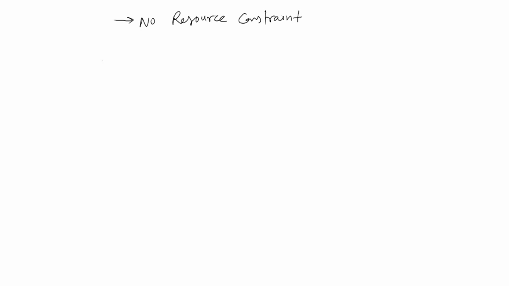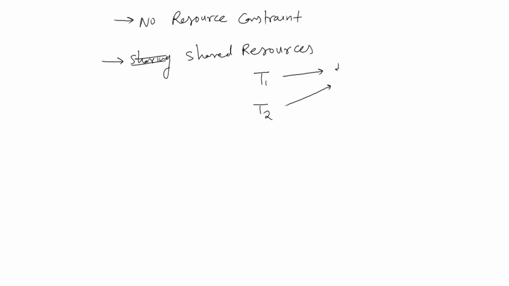So for sharing resources, or shared resources, let me write shared resources. Shared resources means task T1 and task T2 both want to access, let's say, some particular file.